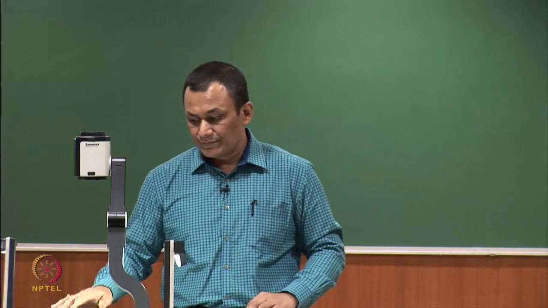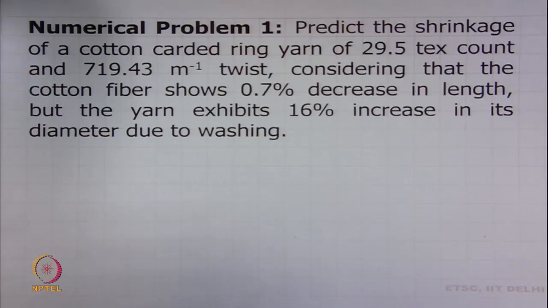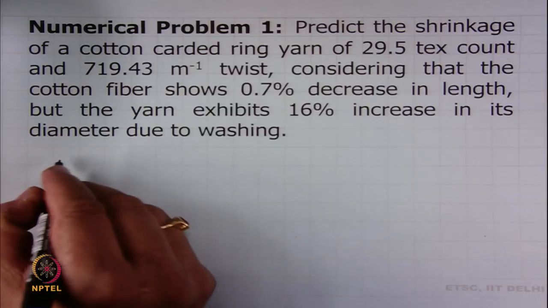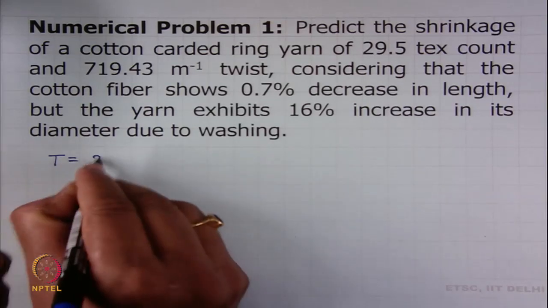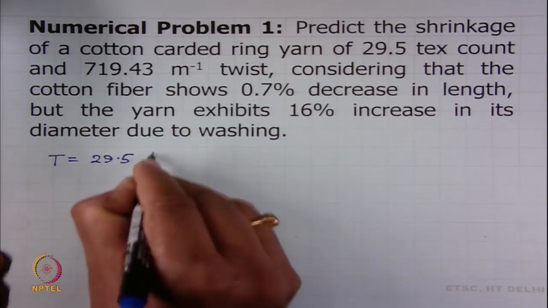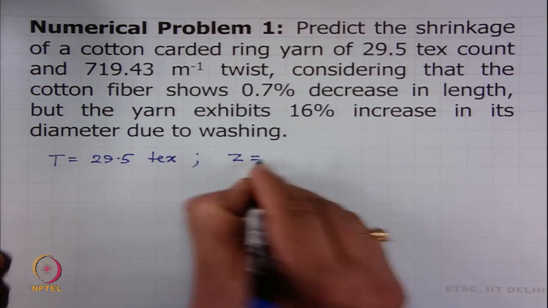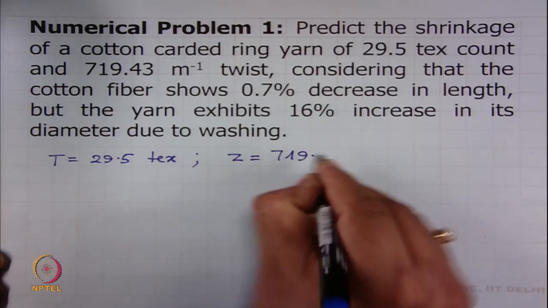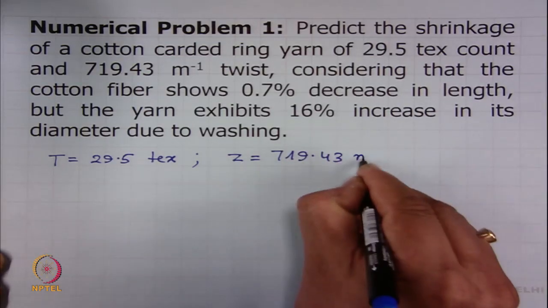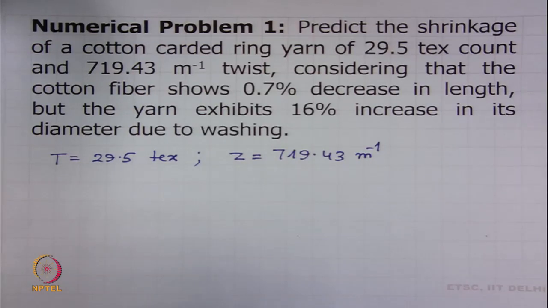The numerical problem is like this: predict the shrinkage of a cotton carded ring yarn of 29.5 tex count and 719.43 meter inverse twist. So, this yarn has a count 29.5 tex, it has a twist 719.43 meter inverse.